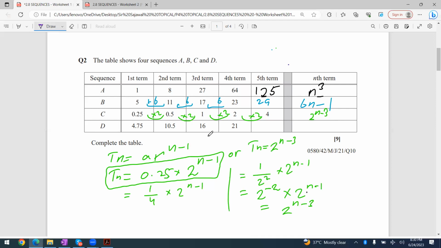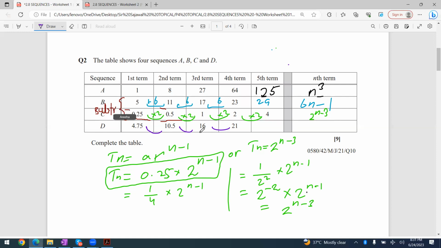Okay. What about the last one? Last sequence, we try to solve, we will never be able to solve. Like if we try to find the differences, they will never become the same. We can try. Exactly.